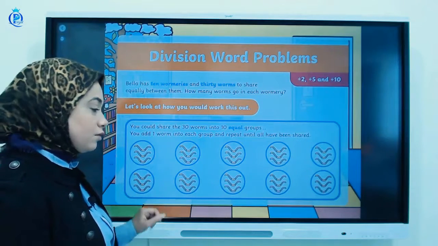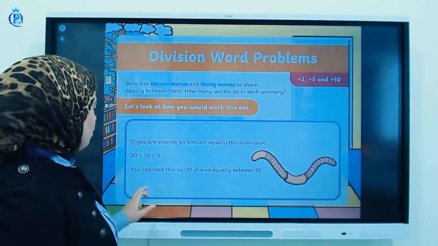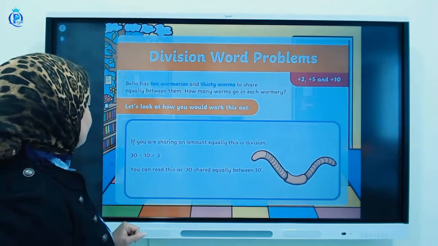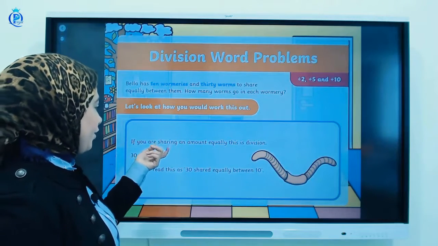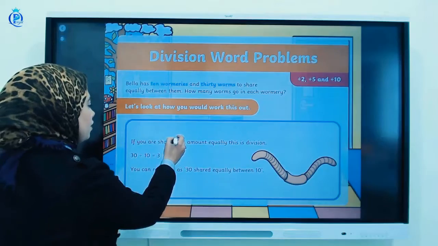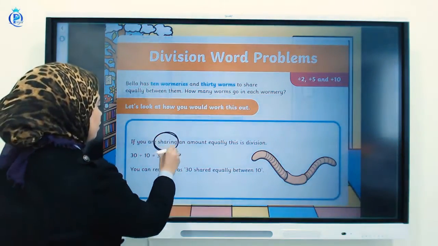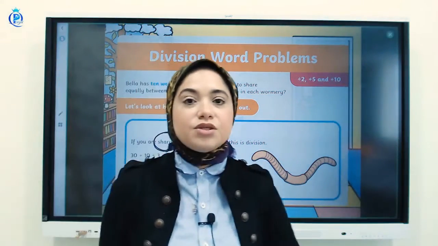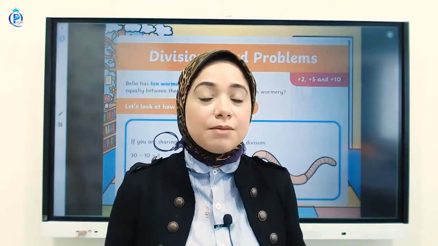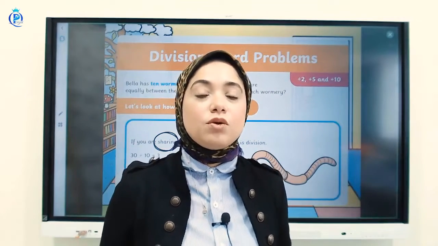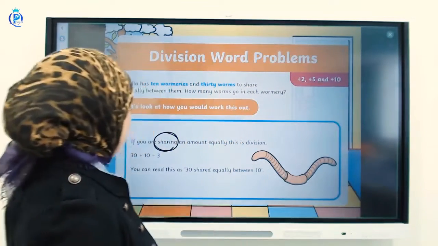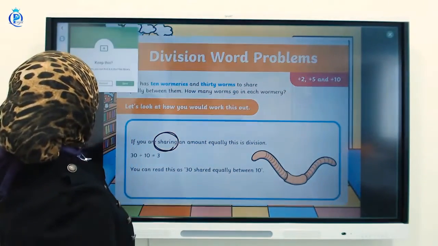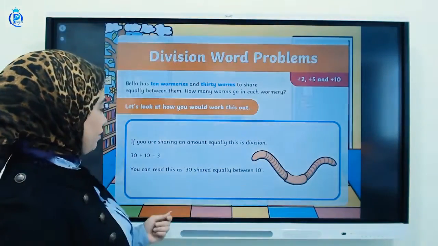Okay, so if you are sharing, sharing means divided by. If I share something, it is a division, not a multiplication.